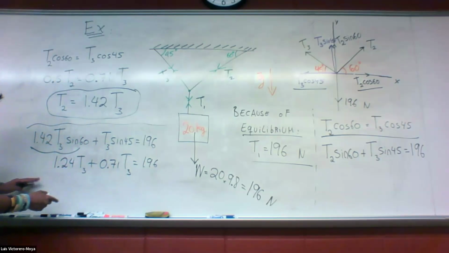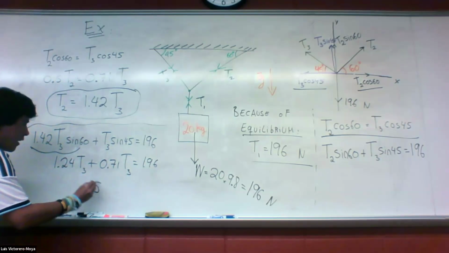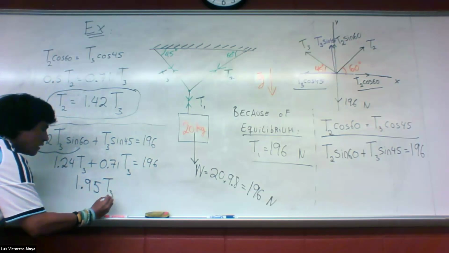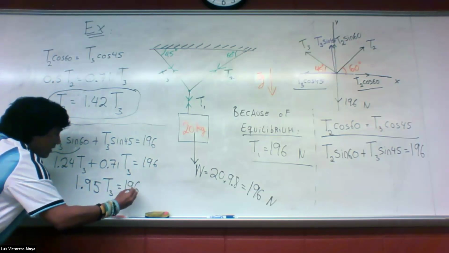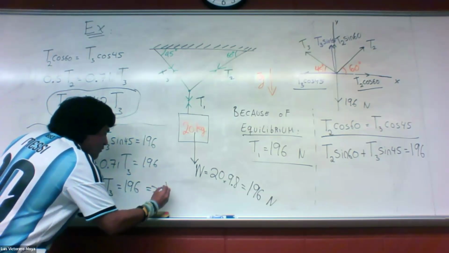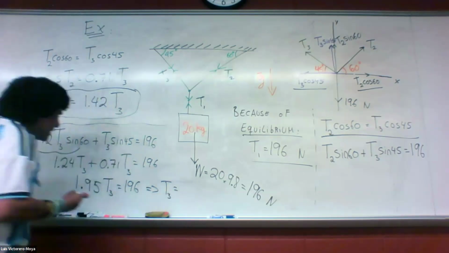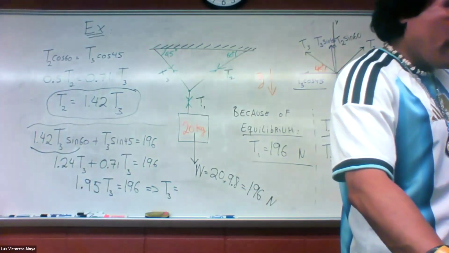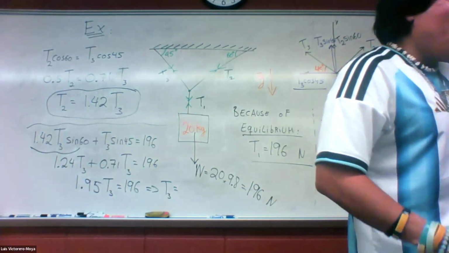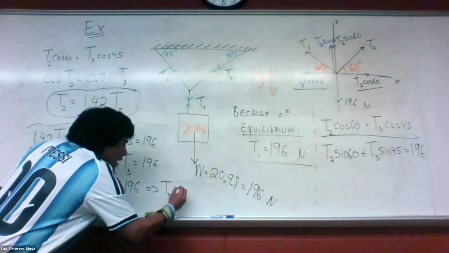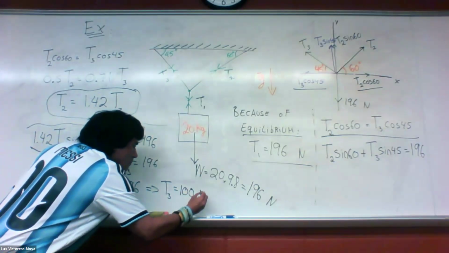Like terms, so 1.95 T3 is 197. Really? So 100. Exactly 100. Okay, not bad. So T3, I mean, it's close, right? Let's see. 196 over 100.5. So it's just right to, yeah, 100 newtons.